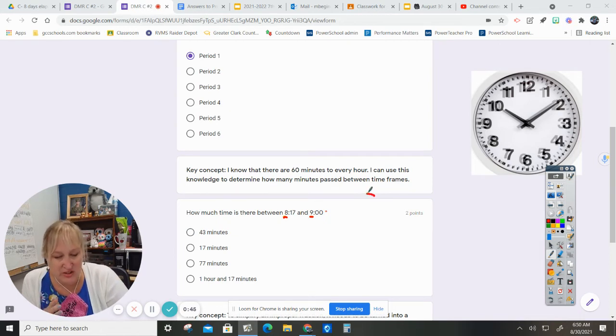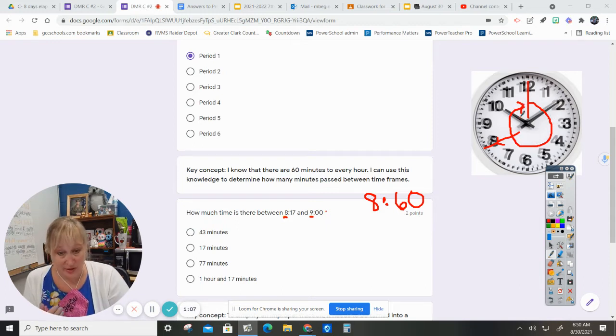So I'm going to change that to 8 o'clock with 60 minutes, which makes sense because if it were 8 o'clock, so my little hand was here, and the clock at 8 o'clock went around an entire 60 minutes, that would change it to 9 o'clock.